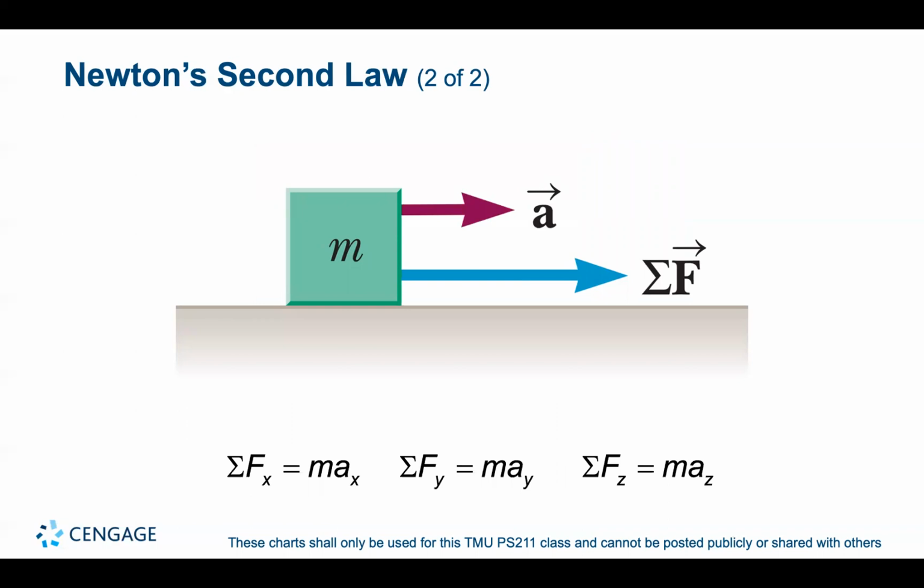So with the second law of motion, for the block of mass m, the net force, the summation of F acting on the block, equals the mass m times the acceleration vector a. Here we're starting to get into what if we wanted to have an X, Y, and Z coordinate system?